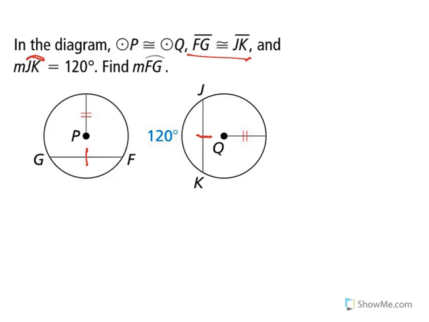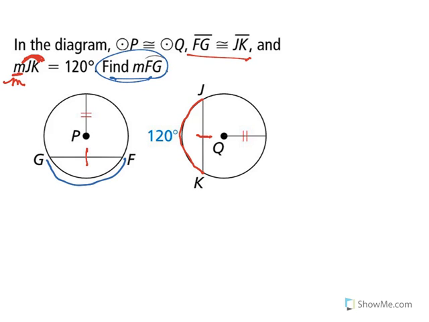The measure of arc JK, that m means measure because it's a little m. And notice the arc only goes over the J and the K. So the measure of JK is 120. That's mark 2. We're good. Now we want to find the measure of arc FG.